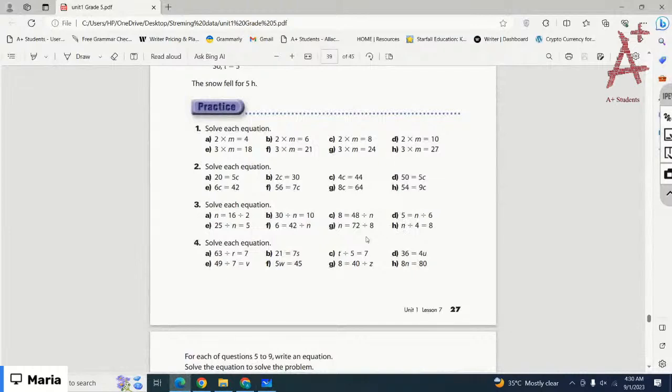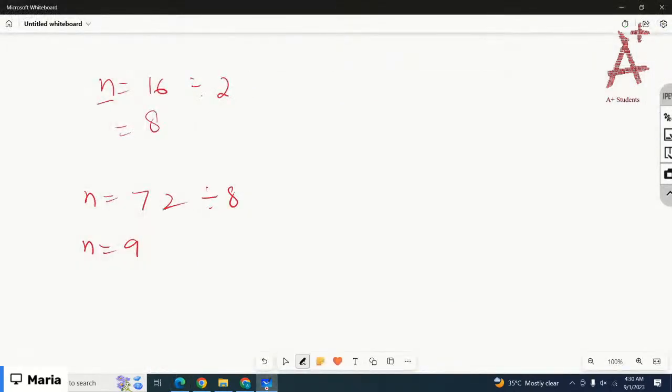Okay, the next one is 25 divided by n equals 5. You have to isolate the variable now, right? You can see 25 is divided by n and equals 5. If you write it with a division sign, it would be like this. So opposite to division is multiplication.